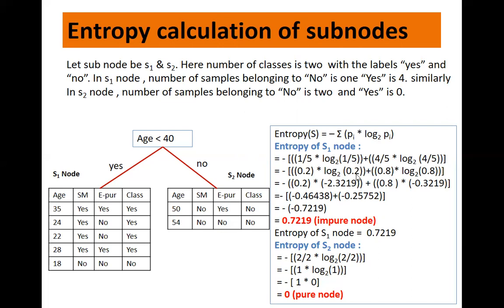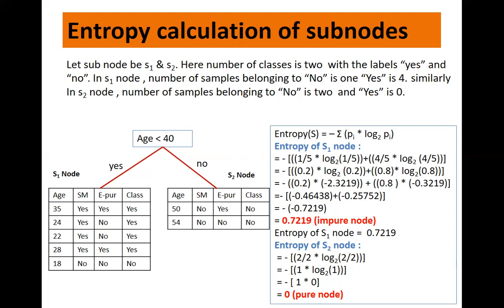So calculate the probability, 0.2 here, 0.8 here. Calculate the logs, carry out the multiplication and addition. So the entropy of the S1 node is 0.7219. That means it's an impure node. Why? It has a combination of 2 different labels.